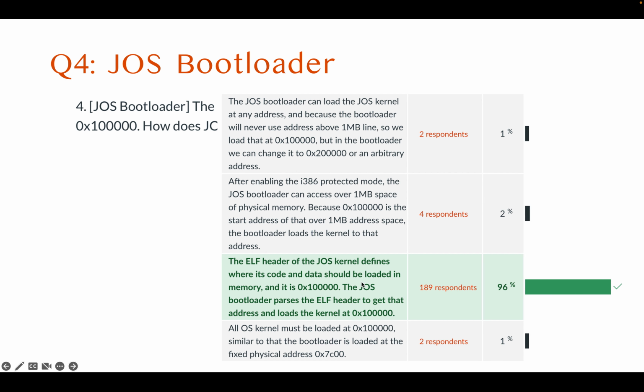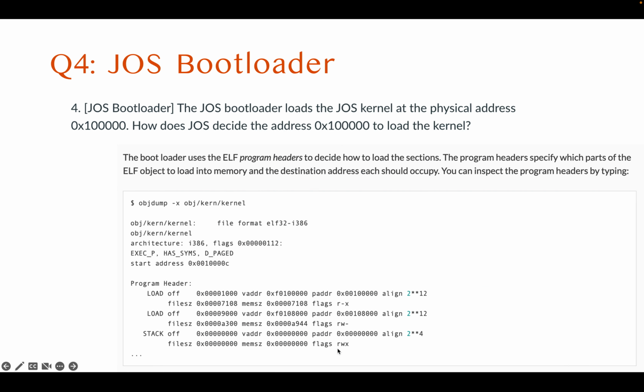Then why does the JOS bootloader not have that kind of header, and always need to be loaded at the fixed address? It is because this kind of header information takes space. Usually an ELF header, even for a very small program, will take around 200 or 300 bytes for this kind of information.